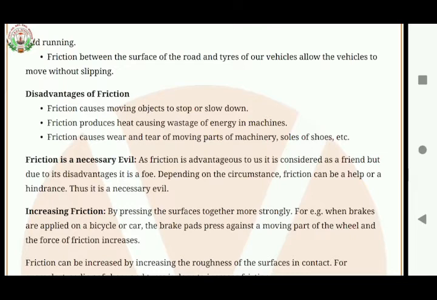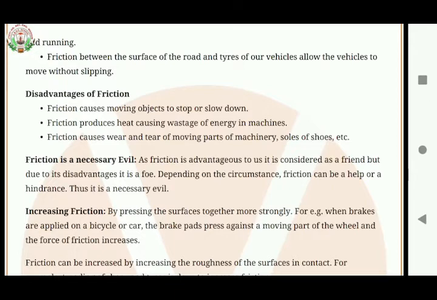So we can say friction is a friend as well as a foe. In some cases, friction is helpful to us, and in some other cases, it is a hindrance.